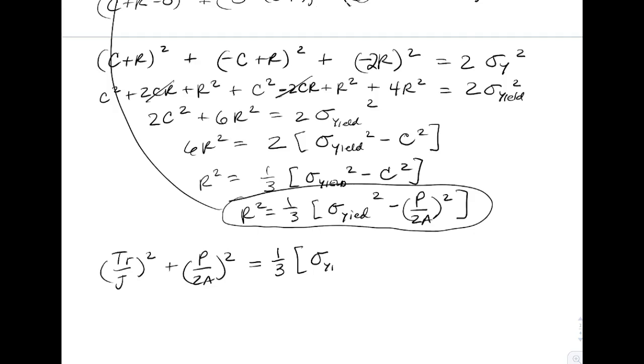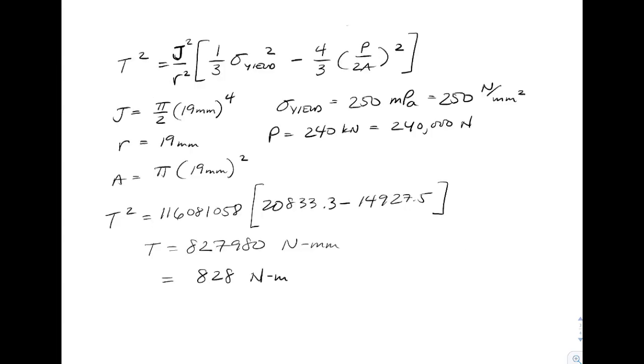So all we have is math left to finish this problem. We're going to end up solving this equation for T. As we look through it, the only thing unknown is T, the applied external torque. And so if you go ahead and do that, this would be your expression for T squared.